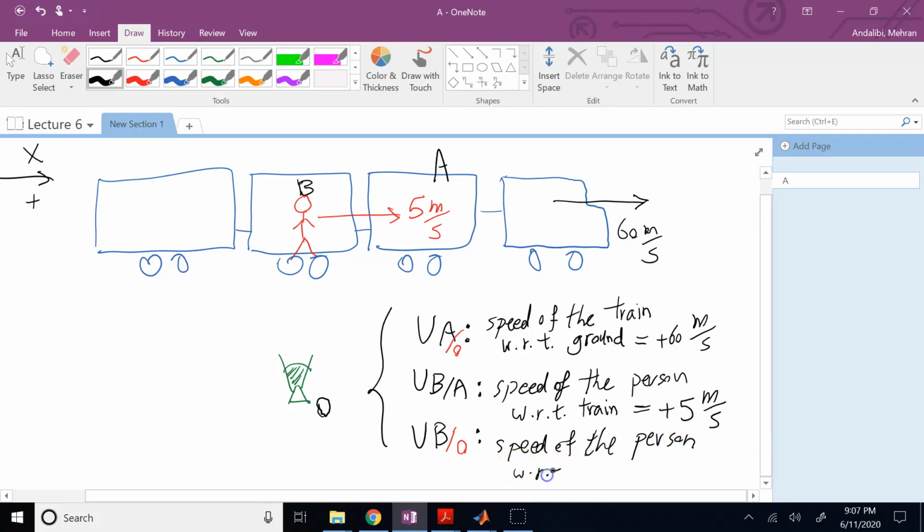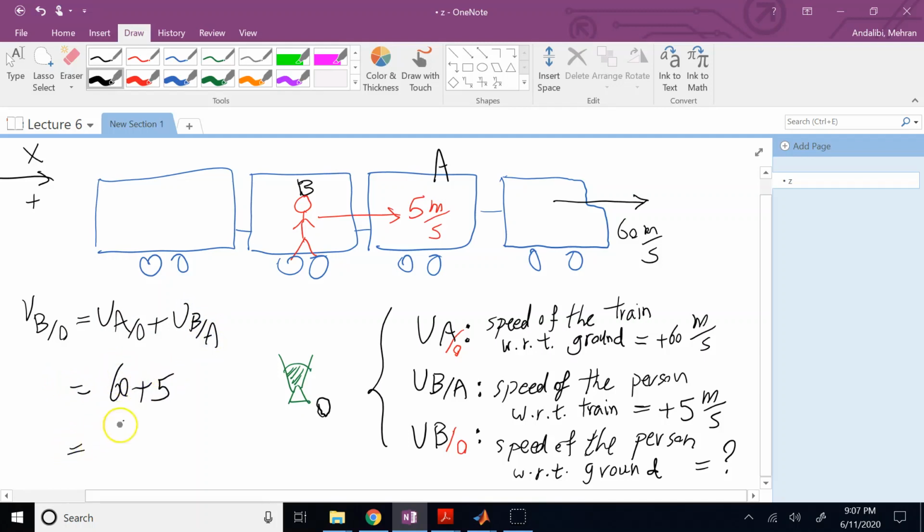So we use the relative velocity formula: V of B with respect to O is V of A with respect to O plus V of B with respect to A, and if we add them, you're going to get 65 meters per second.